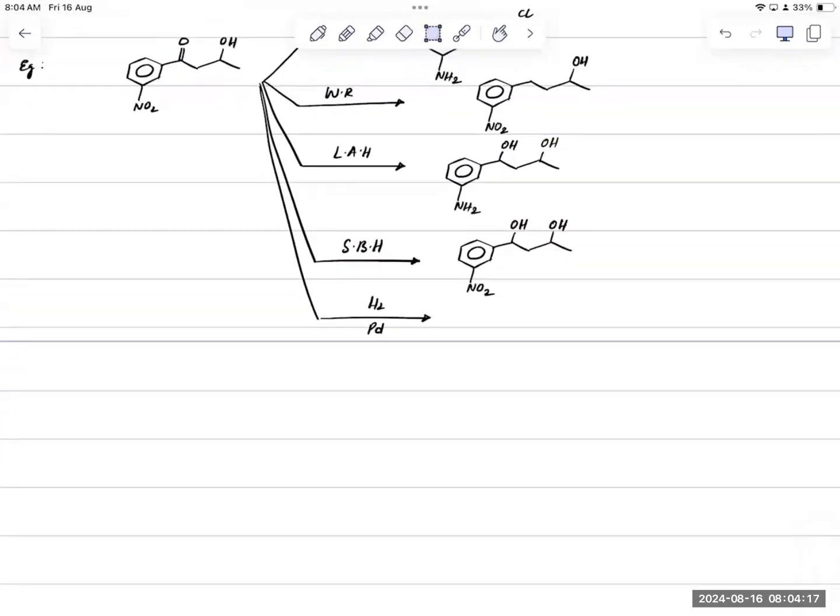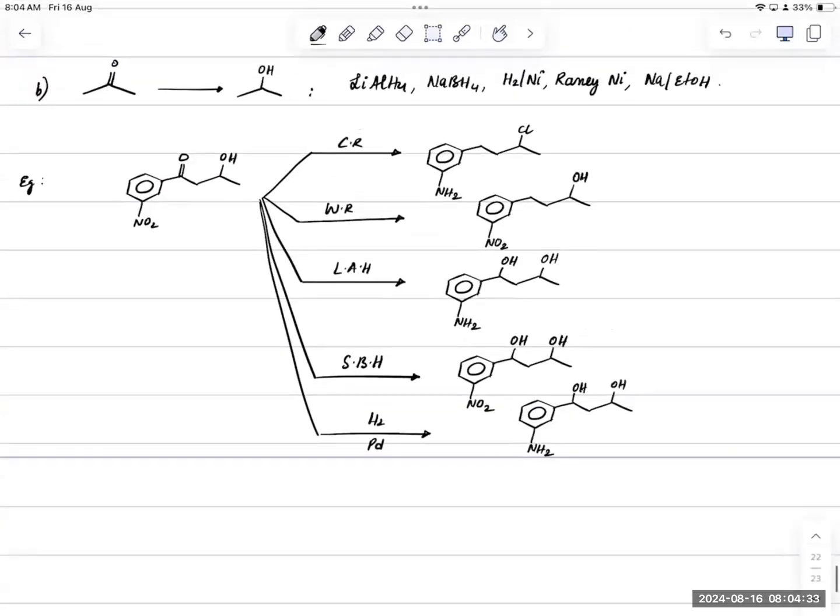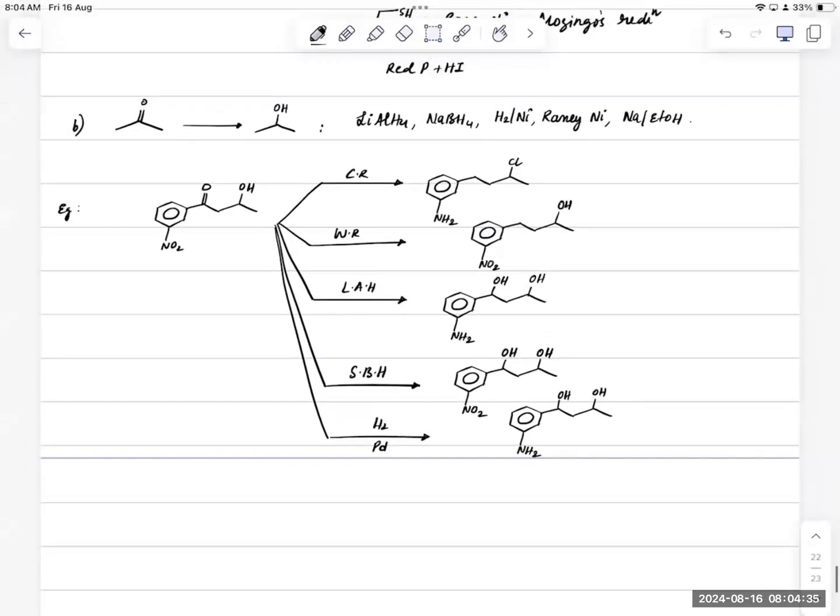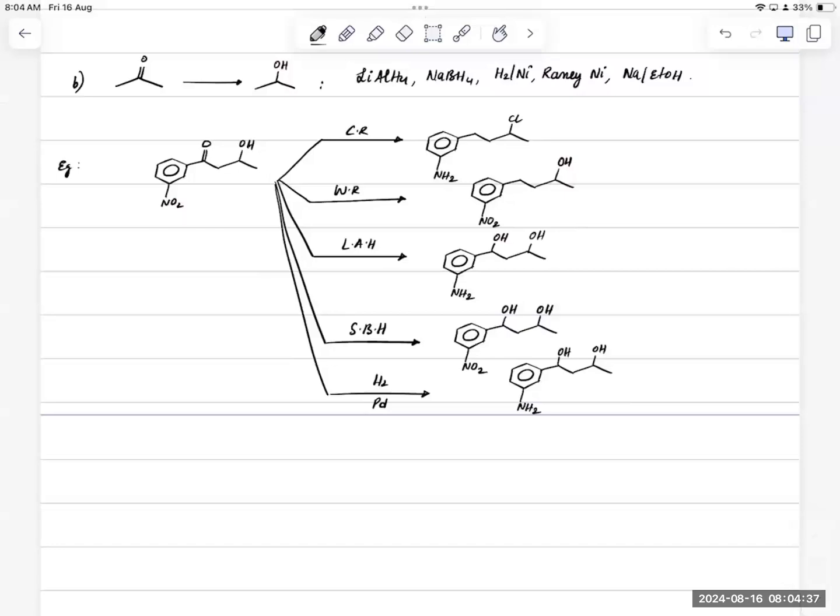H2 by Pd, you notice that it will go very similar to lithium aluminum hydride. This will remain OH, and here also it will remain OH. So mainly, this is the area that might be asked to you, like in which case, what has to be reduced. Okay. Let's see if at all I missed any reduction cases.